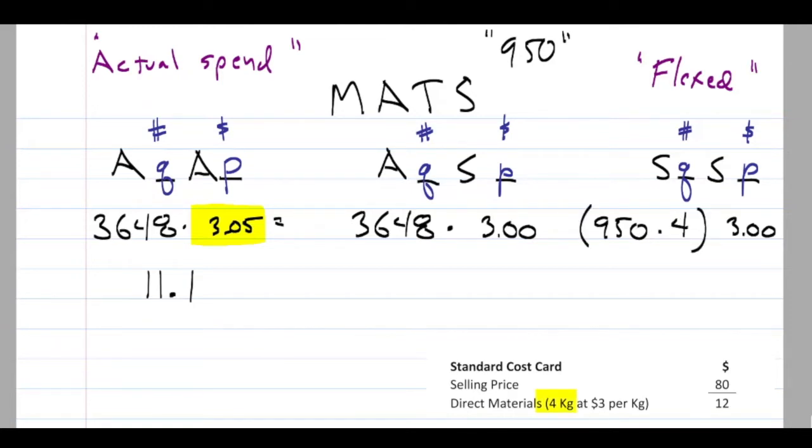So one widget should use 4 kilos, so 950 widgets should use 3,800 kilos. That is the standard quantity of actual production. If we finish our multiplication, that comes to 10.9. That's the 3,648 times 3. And the flexed here, that will be 11.4 thousand.